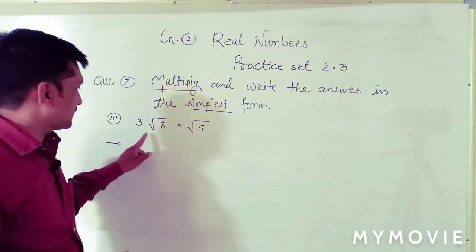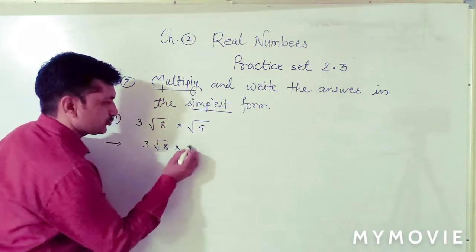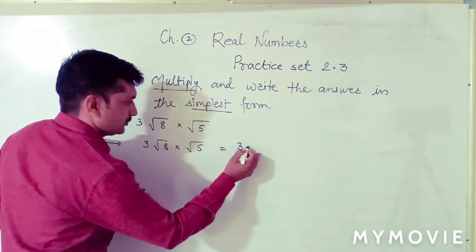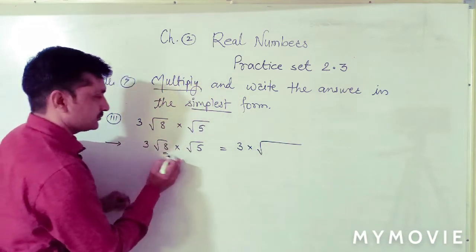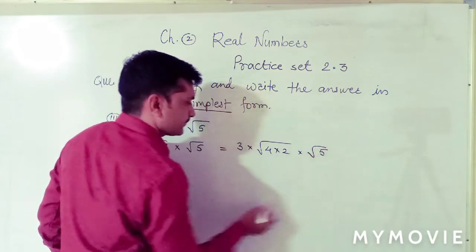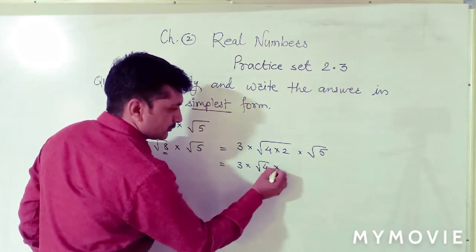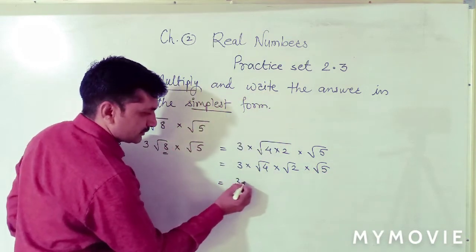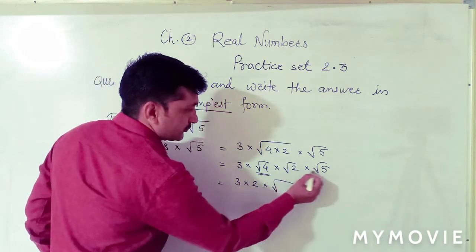Example number 3. 3 square root of 8 multiplied by square root of 5 is equal to 3 multiplied by square root of, now factors of 8, 4 2s are 8, multiplied by square root of 5, is equal to 3 multiplied by, separate radicands, square root of 4 multiplied by square root of 2 multiplied by square root of 5, is equal to 3 multiplied by, now square root of 4 is 2, multiplied by square root of, now here 2 5s are 10.